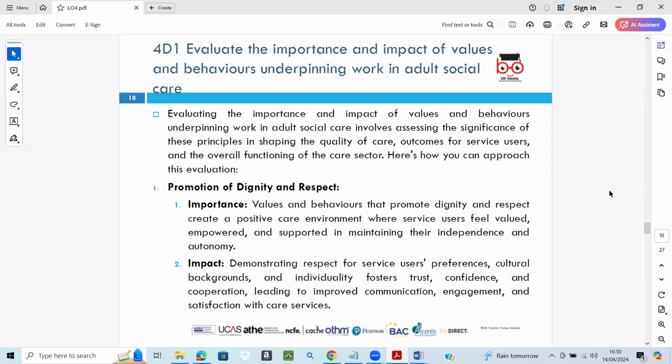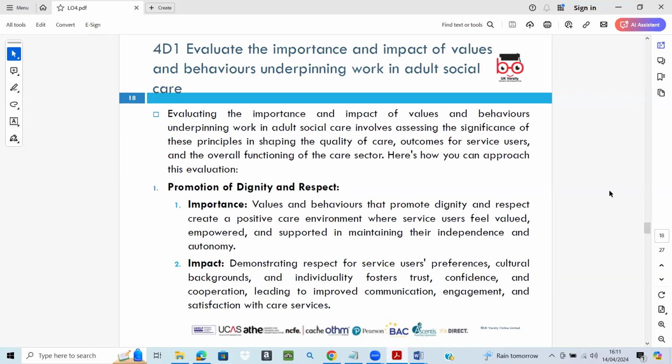So when we promote these values, it not only benefits the service user, it also enhances the work environment, making it more humane and compassionate.